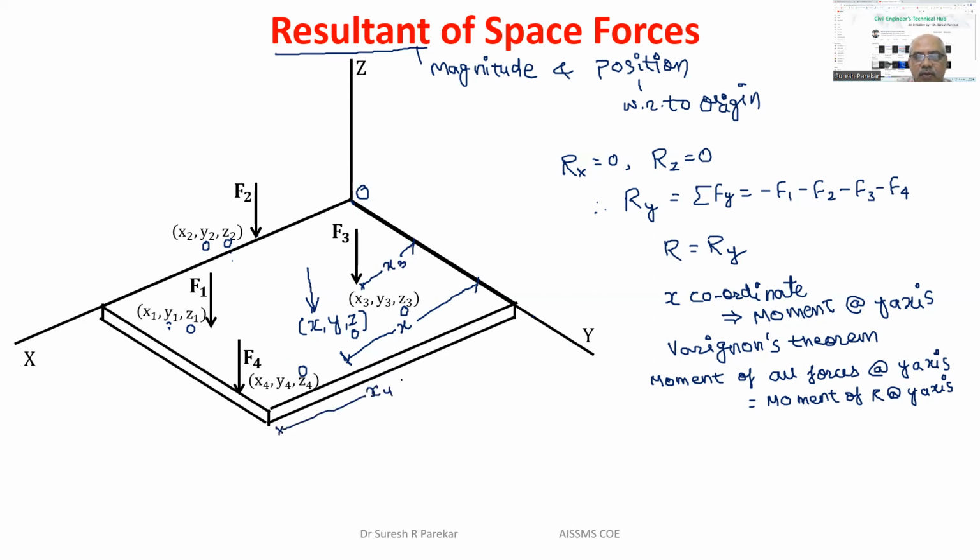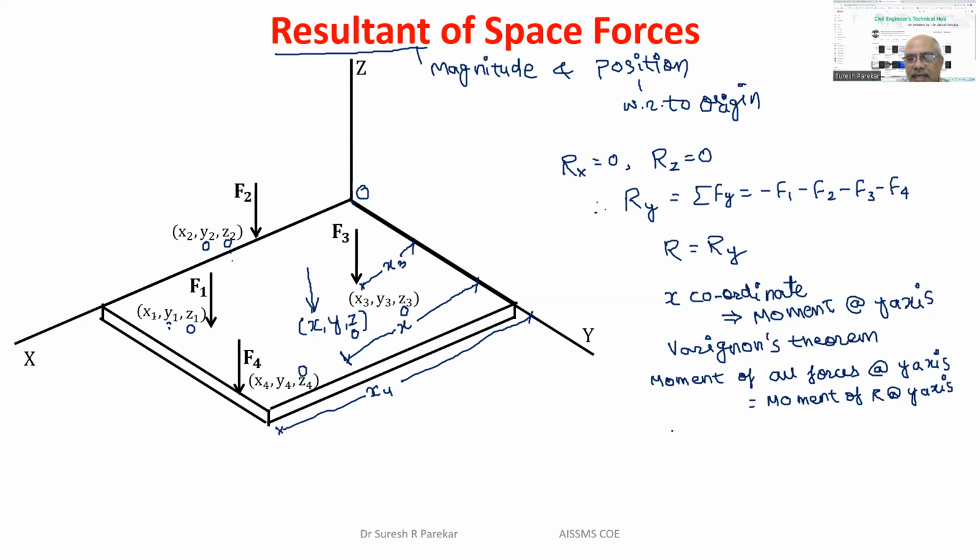A distance parallel to the x-axis gives me the x coordinate, and parallel to the y-axis gives me the y coordinate. So the distance of F1 is x1, and of F2 is x2.